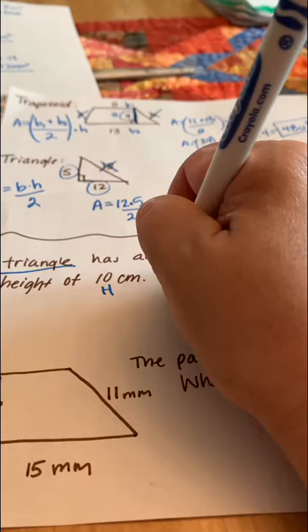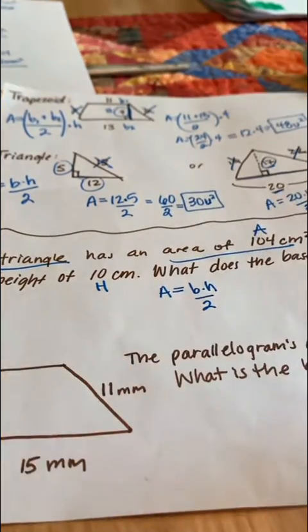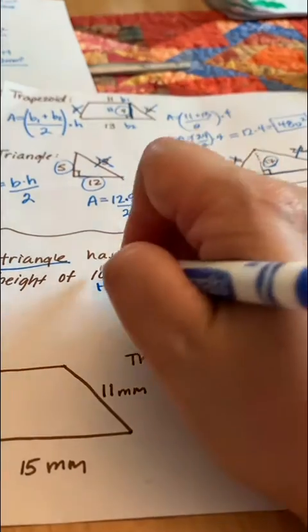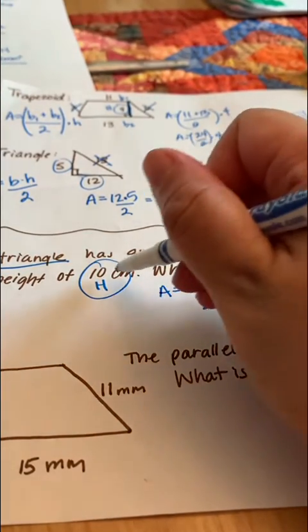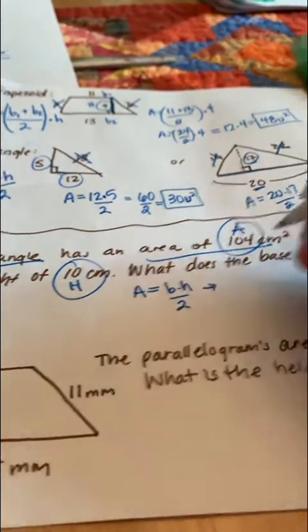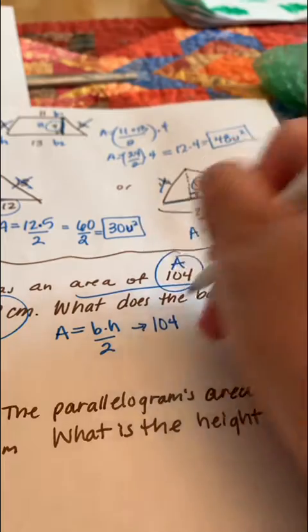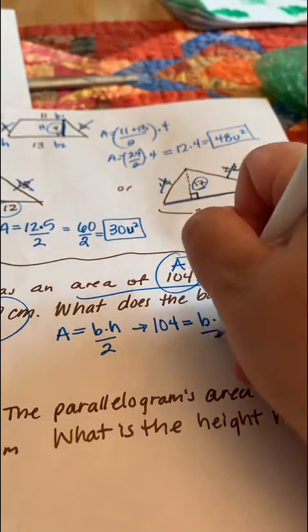Now, the first thing I'm going to do is throw my formula down. So triangle: base times height divided by 2. I know where my 104 goes because that plugs in for the A, and my 10 goes in for the H. So I'm going to plug in my numbers. 104 equals base times 10 over 2.